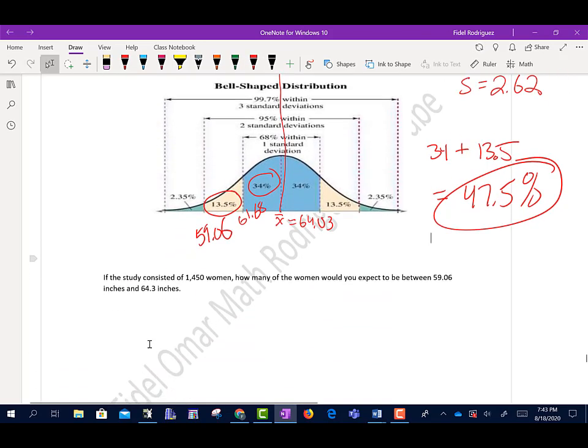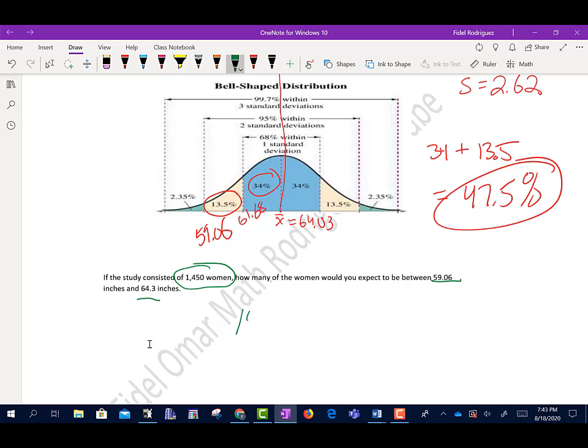Now there's a second part to the question. It says, if the study consisted of a total of 1,450 women, how many of the women would you expect to be between 59.06 and 64.03?